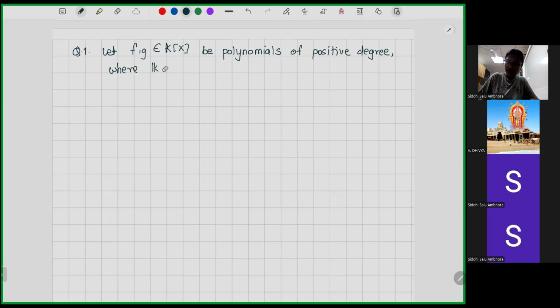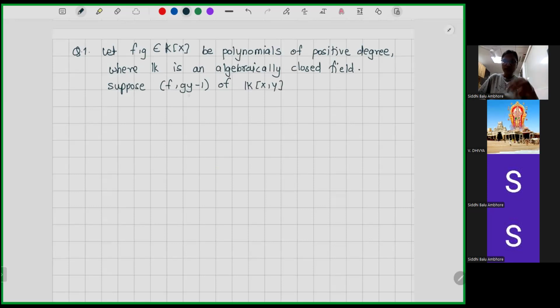Okay, k is an algebraically closed field, and suppose this ideal (f, gy minus 1) of k[x, y].